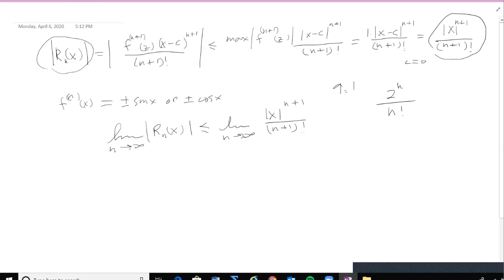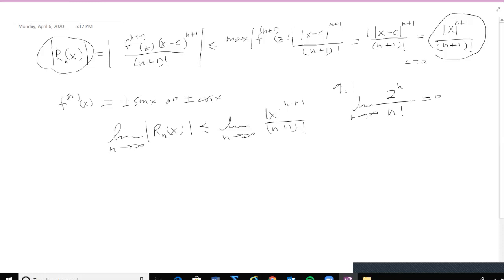Although we're not going to show it again, we did show that this limit goes to 0 for that value. In general, what we have here is a constant raised to a power divided by n plus 1 factorial, so it's the same form.